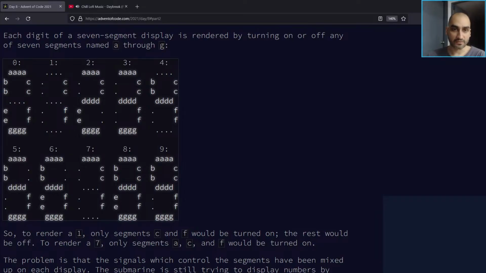So we can immediately identify which one's the 3. It has to contain the same segments that the 1 did. And it also tells us which one's 6, because it's the only one without the C and the F. So we've got a rule that identifies 3 and 6.